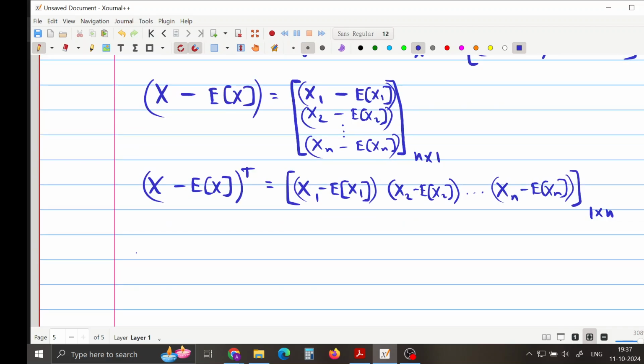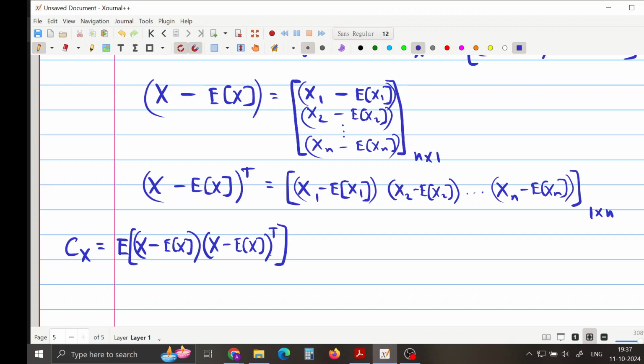So what is my Cx, which was my covariance matrix of x? It is nothing but expectation of x minus expectation of x times x minus expectation of x transpose.